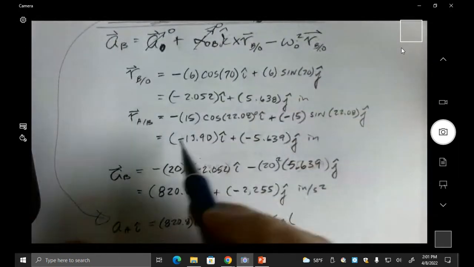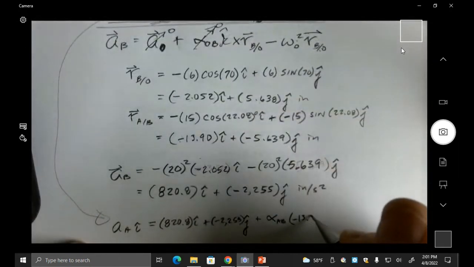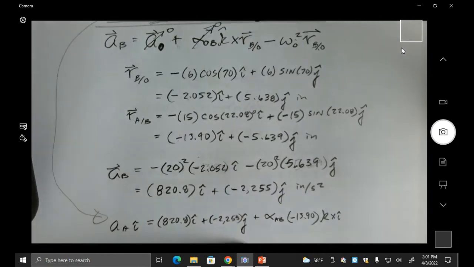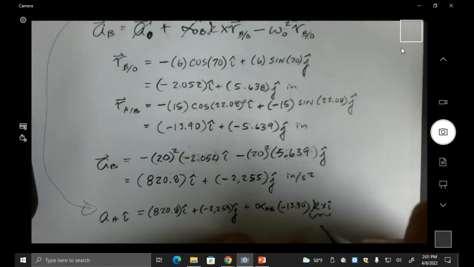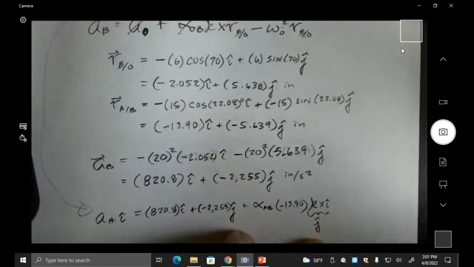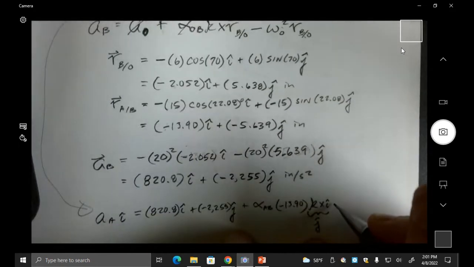First, it's going to be multiplied by that negative 13.90, and then we take a K and cross it with an I, which gives the positive J. We're not going to have enough room on our page here, so we have to go down a virtual carriage return.